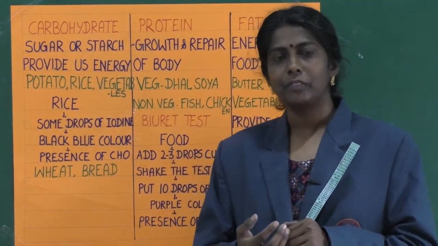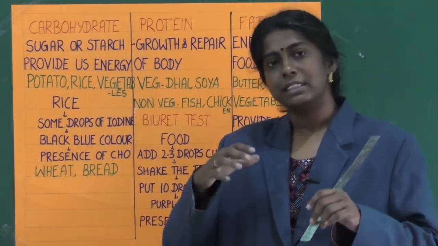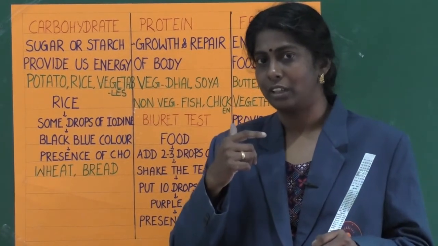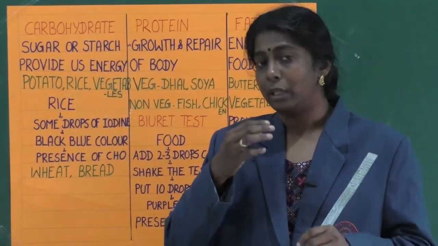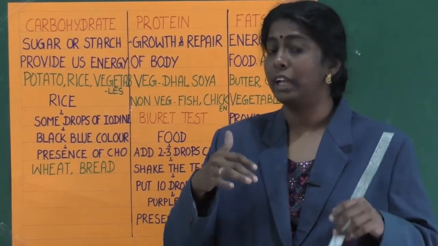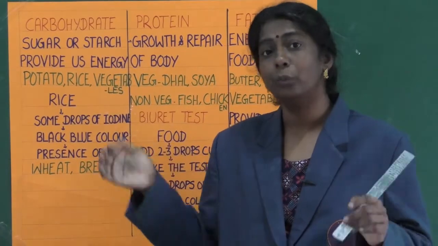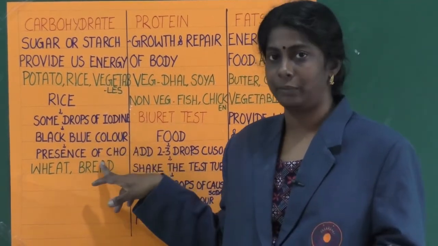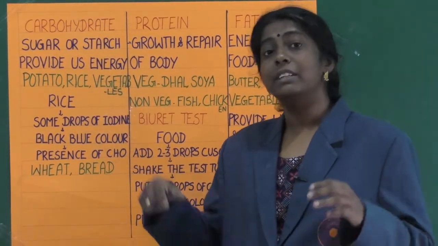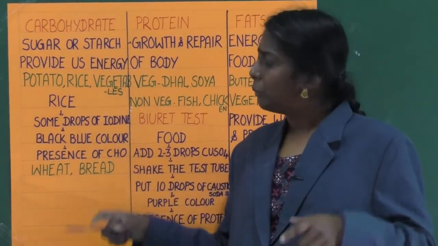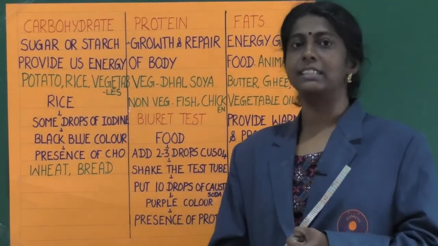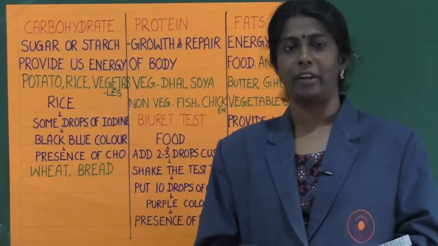Because starch digestion starts from the mouth, is it not? So when we are eating, the starch is automatically broken down. If it is broken down and not there, you won't get this color. So that's why you won't get the color with the chewed rice. But if you are testing with rice, you will get this black blue color because rice is rich in carbohydrate.